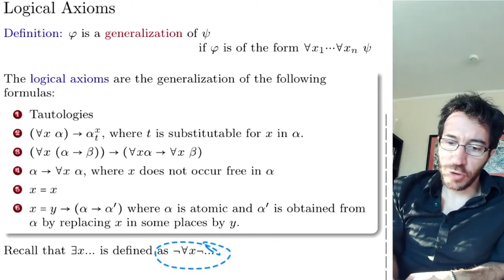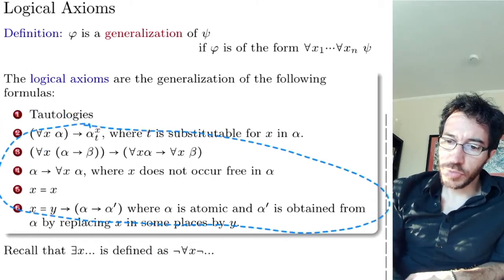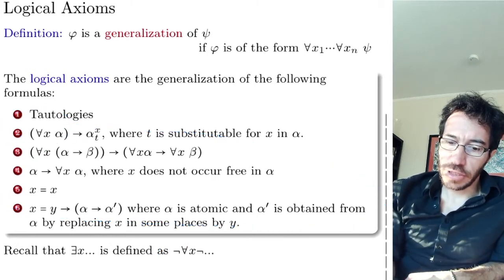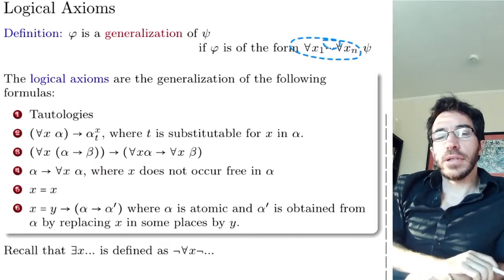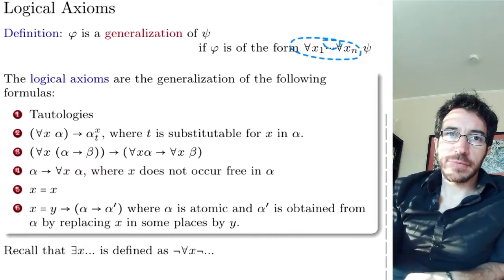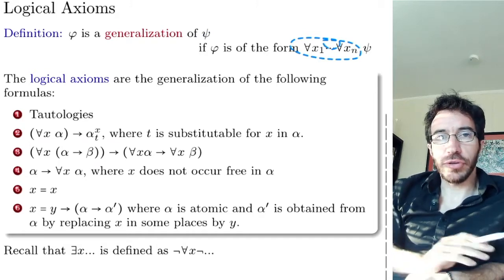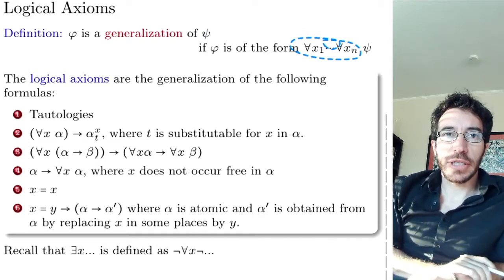That's why in all these axioms we're only using for alls. So there are only for alls and the generalizations of these guys, so they can all have for alls up front. There are no exists in here, but that's because we can define exist from for all, so we don't need to put it in the rules.